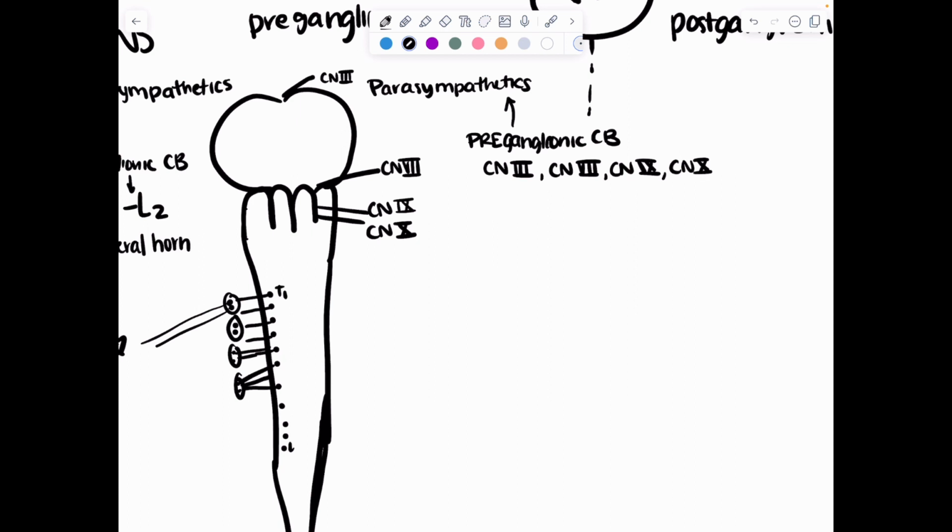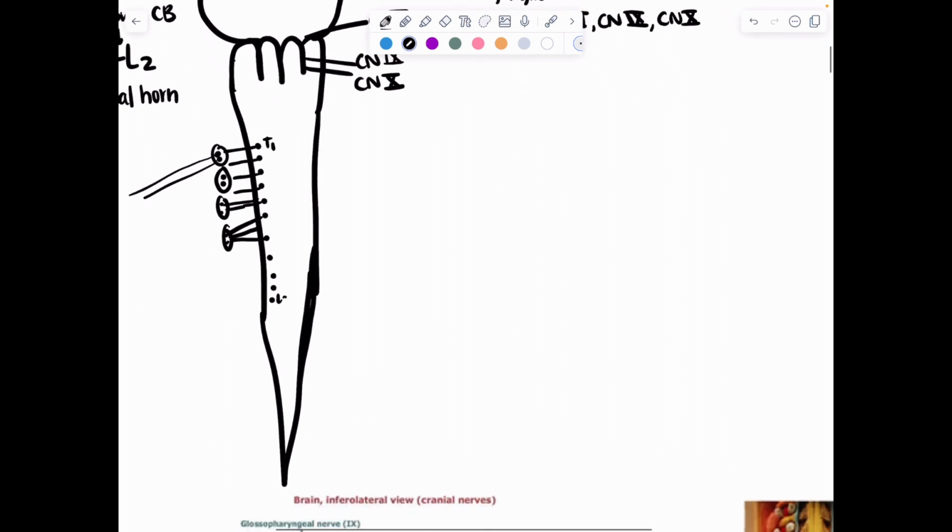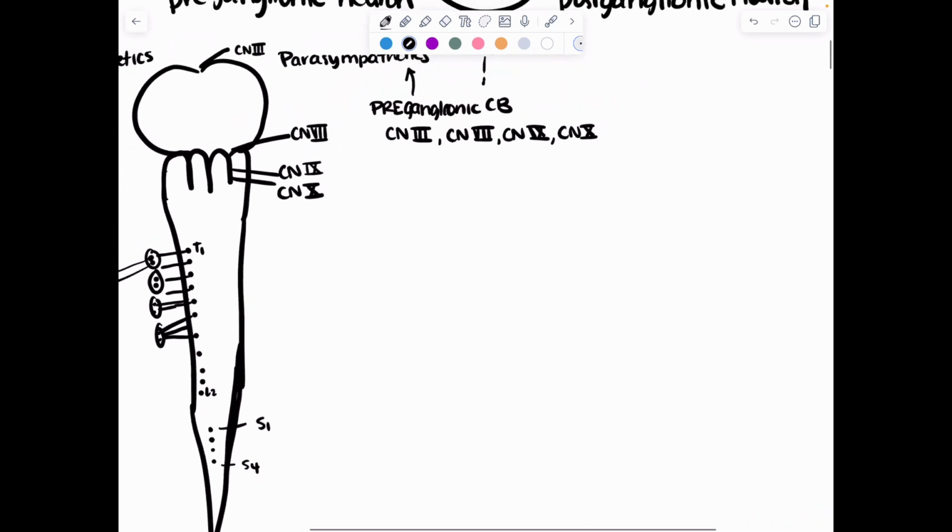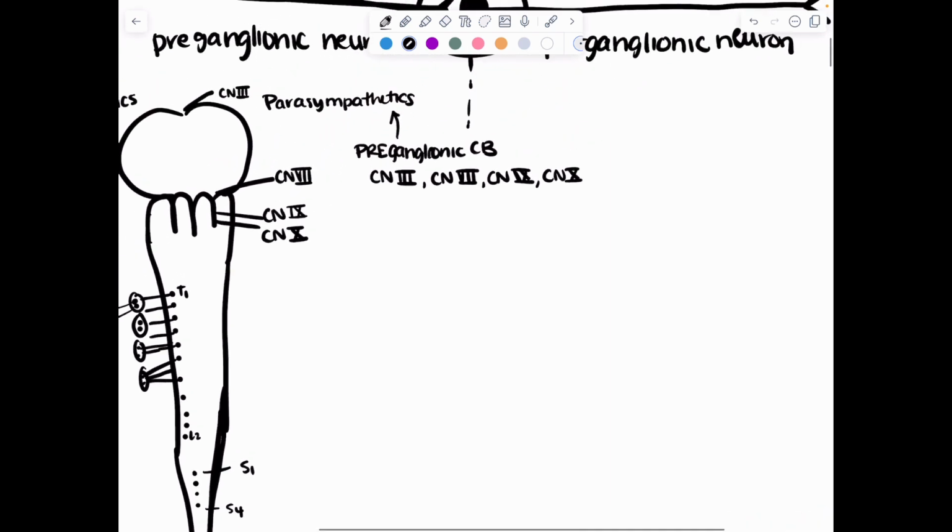It can also be found down here. Remember, this one went to L2. Well, if we go down a little deeper from S1 to S4, we will find other preganglionic cell bodies in those lateral horns.